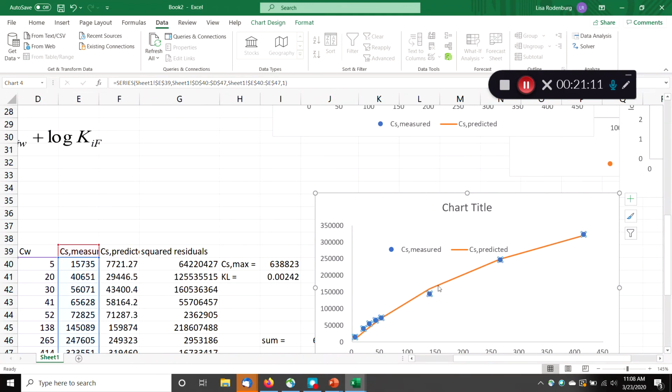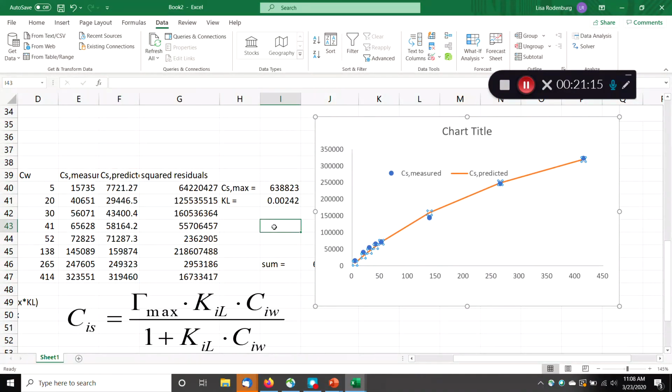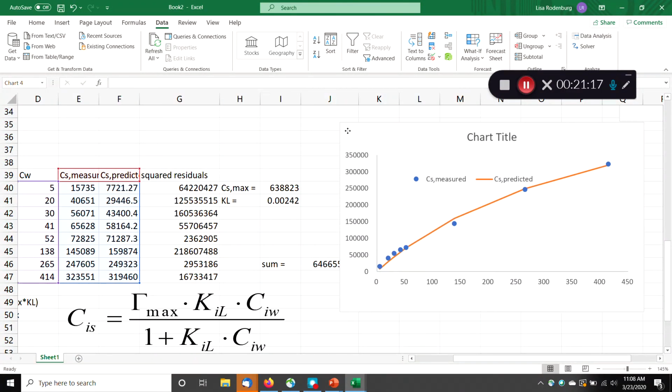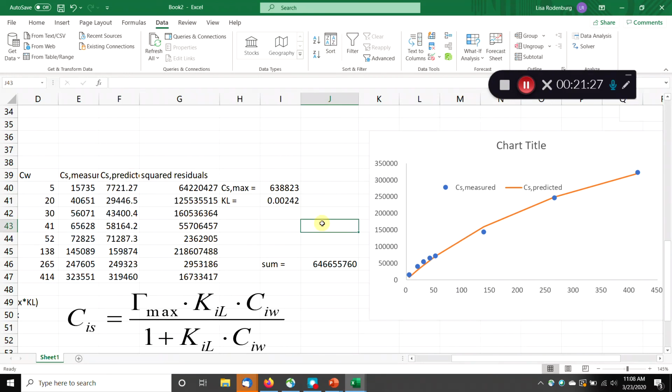There's our measured, there's our predicted, much better. So you get a much better curve fit by using a nonlinear curve fitting routine, and that solver feature of Excel will let you do that. You can do a slightly better job even with the Freundlich by using the nonlinear curve fit, but it's not much better, so it's probably not worth going crazy over.